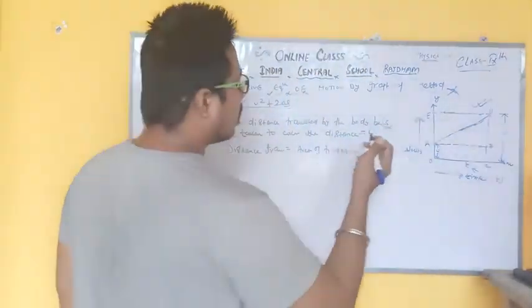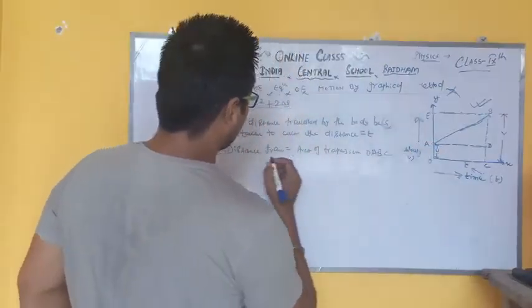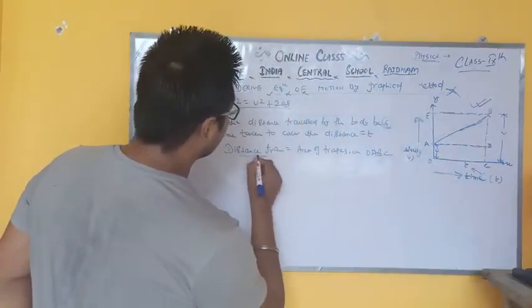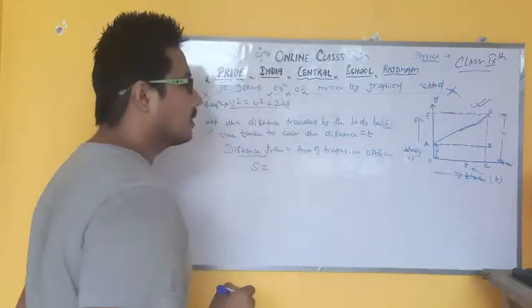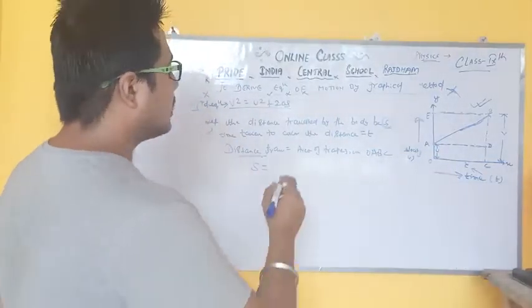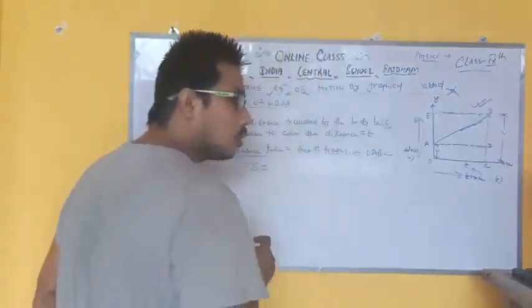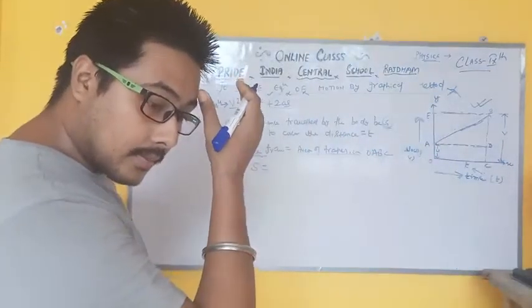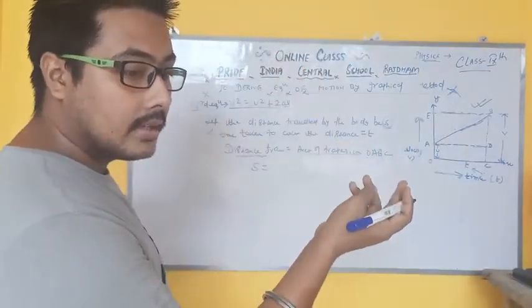So the area of trapezium OABC is the distance traveled, represented by S. What is the area of trapezium? Suppose we say area of a triangle, area of rectangle.